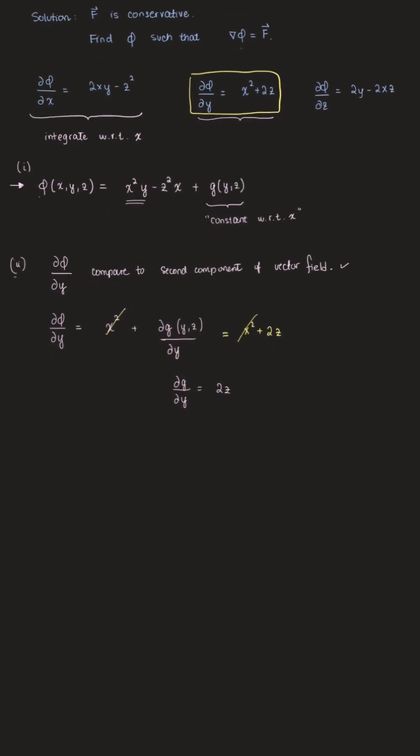All right, so that gives me an idea of what g looks like. So g, which is a function of y and z, should be the antiderivative, so 2zy plus some function of z, because this is a constant with respect to y.